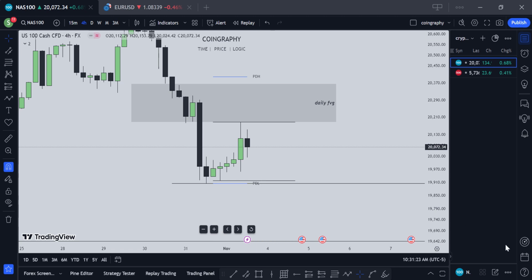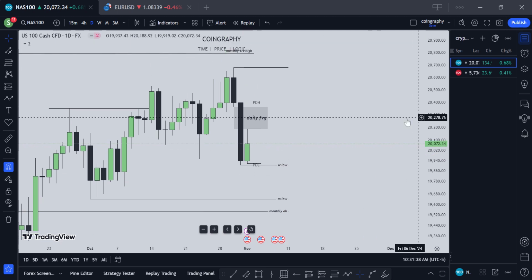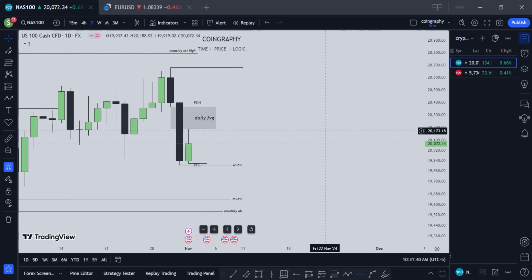So that is what I'm expecting: movement to this daily fair value gap. That is about my weekly outlook, and I'm going to see you guys next week.